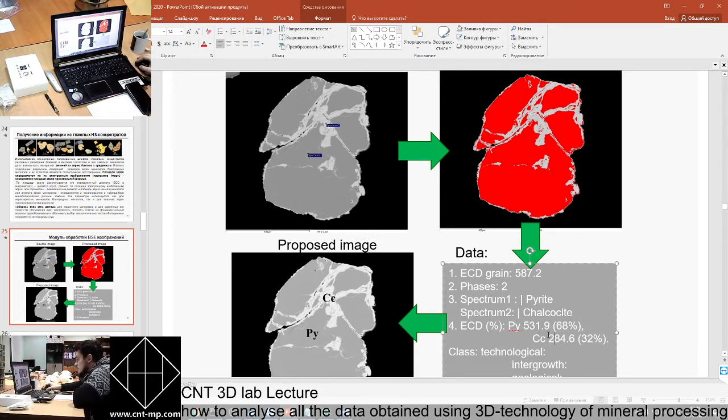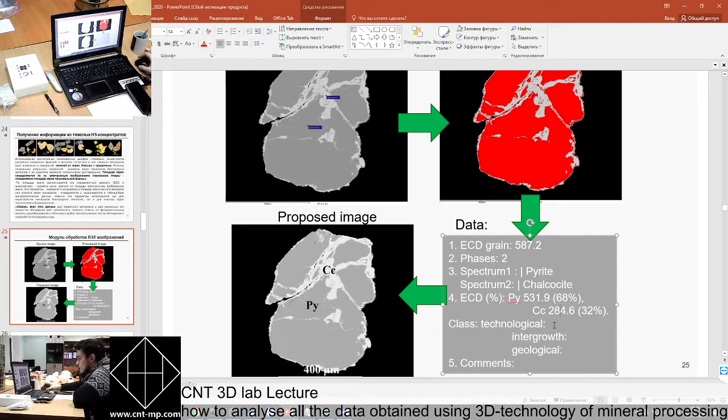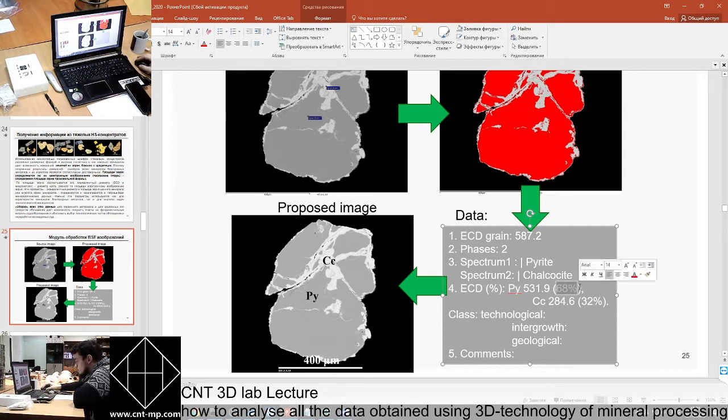So ECD of chalcocite is almost 300, and if we analyze them together, we can say that almost 70% of the grain consists of pyrite and only 30% of chalcocite. This is very important information for any technologist who has to beneficiate such a type of ore.